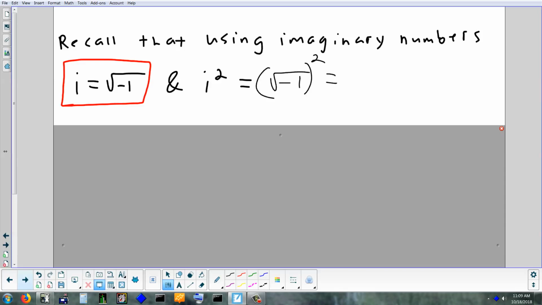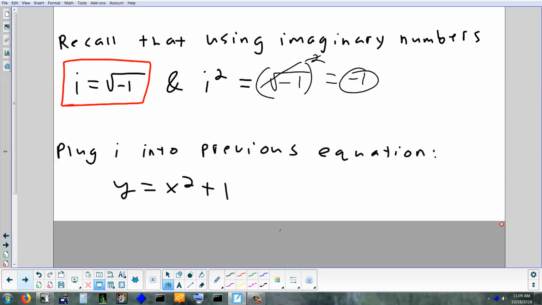The square and the square root, they kind of cancel each other out, and all you're left with is -1. That's important because when we multiply complex numbers, you're going to get i squareds. You should never leave i squared in the final answer. i squared always should be changed into a -1. Okay. Any question on that?